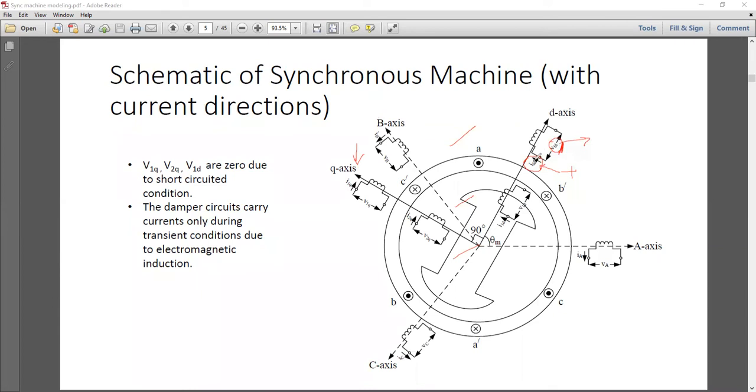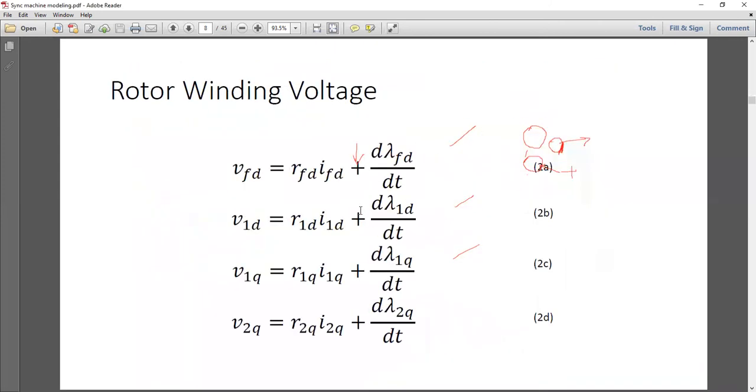So this voltage should be higher than whatever drop is happening, whatever voltage is being induced, and whatever drop is there across the resistive part of the coil. So simply it can be written as RFD IFD plus the flux linkage term across the inductor.